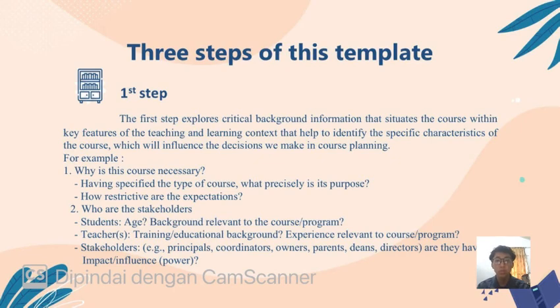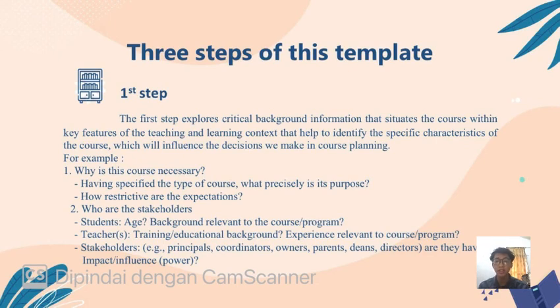Number two, who are the stakeholders? Here there are three: students, teachers, and stakeholders. The students, do they have a background relevant to the course, or how old are they?